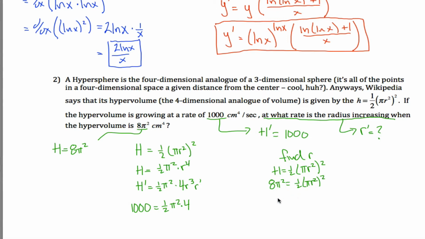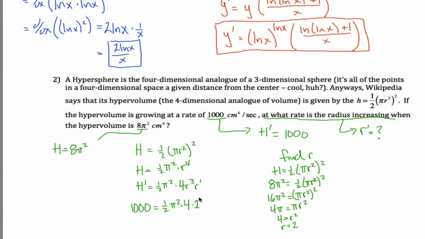If you multiply both sides by 2, you get 16 pi squared is equal to pi r squared, squared. If you take the square root of both sides, you get 4 pi is equal to pi r squared. If you divide both sides by pi, you get 4 is equal to r squared. So r is equal to plus or minus 2, but since we're talking about the radius, it would just be positive 2. So all this just to find r, which I can then plug in over here.